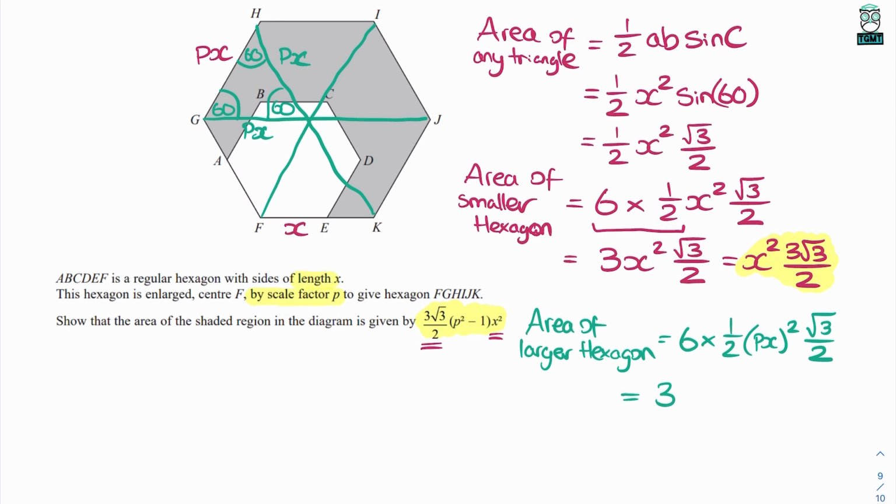Px multiplied by px would be p squared x squared, and then we have the root 3 over 2. Again, if we want, we can drop that 3 on top of the fraction. So if we write that in that way as well, so it matches our other one, we have p squared x squared 3 root 3 over 2. And there we go. That is the area of the larger hexagon.